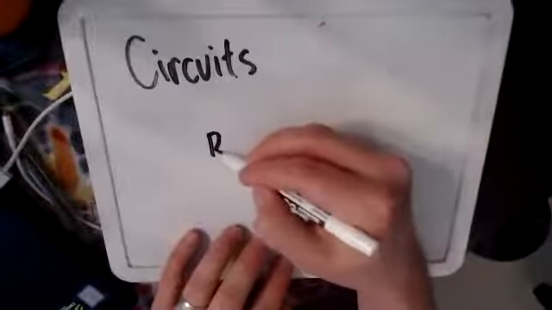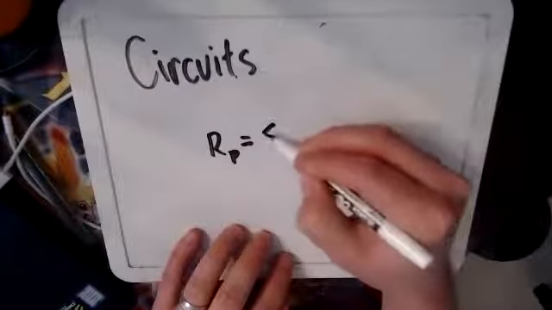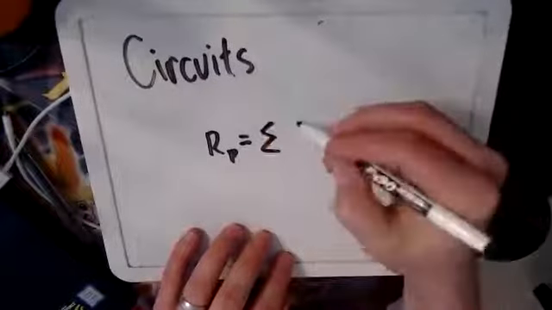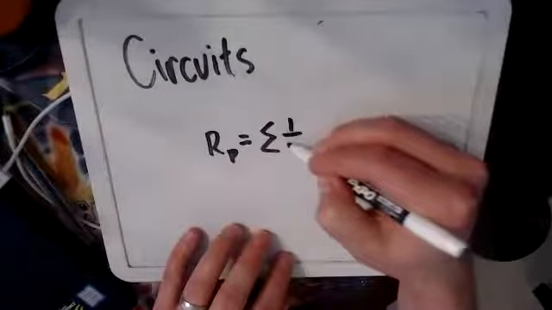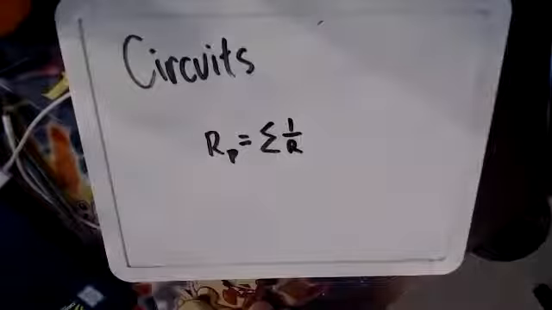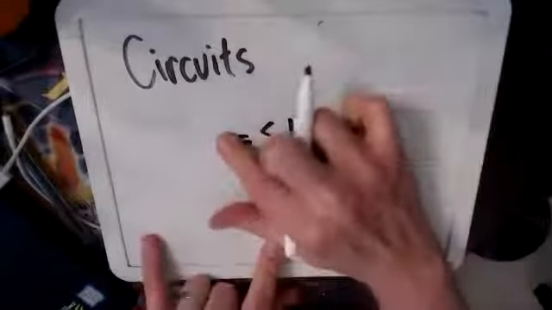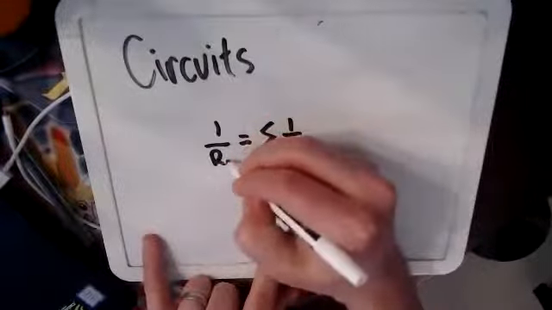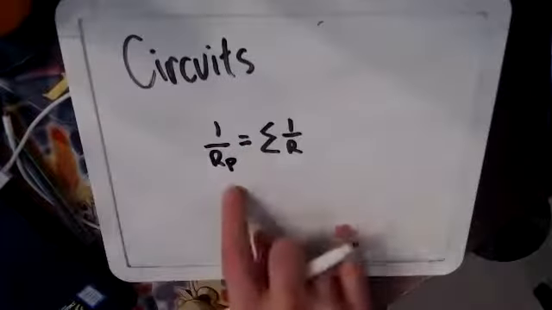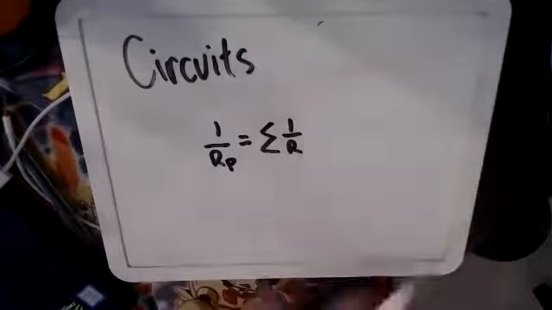But for resistors in parallel, the formula chart tells us a statement that looks like this. It's the sum of 1 over R. Actually, it says it like this, 1 over RP. The RP stands for resistors in parallel, and this is R for all the resistors that you'd have.